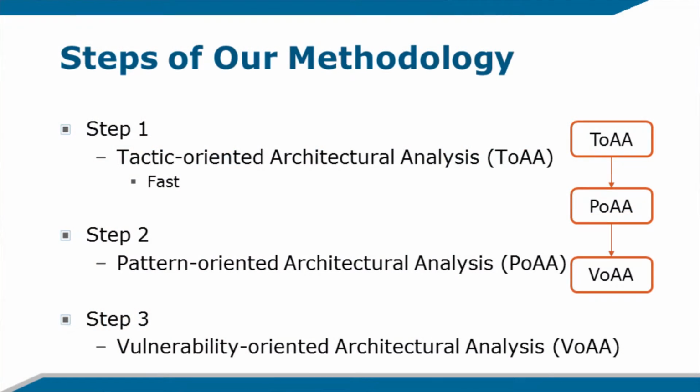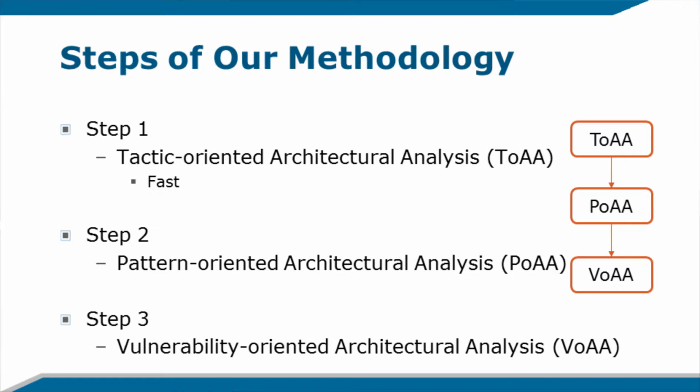So just to give you a little more detailed ideas of our approach, we typically start with tactic-oriented architectural analysis. Because of the time it takes, we try to do this phase very quickly. It usually takes about an hour of interview with the architect, so definitely very lightweight.